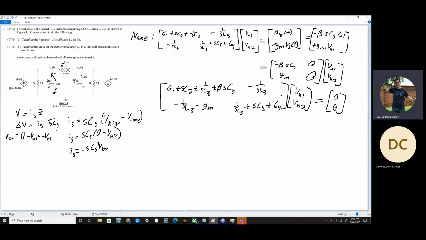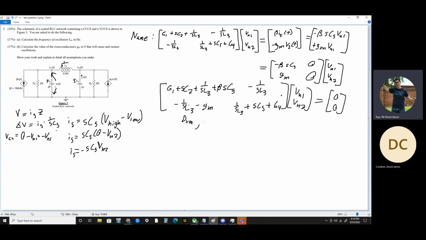The way that this next part is going to work is that whenever we do Cramer's rule, or if you were trying to enter this into a calculator and solve for VN1, VN2, you're going to get 0 for both because there's no active sources providing any power to the system. In Cramer's rule, we're focusing on determinants.